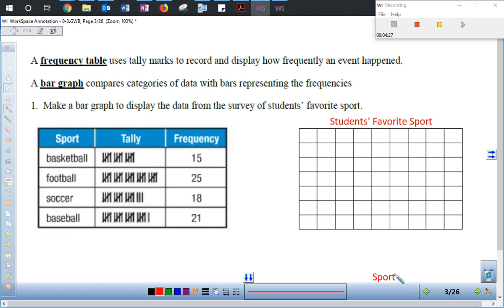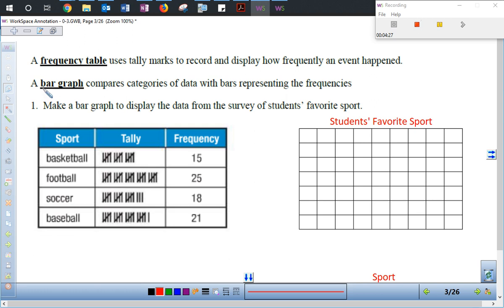But now that I have the axis labeled, I can go back through and list each sport that I was talking about. So I have 4 sports here. Now, the next part that we're going to do is key to a bar graph. Now, a bar graph is comparing categories of data with bars.